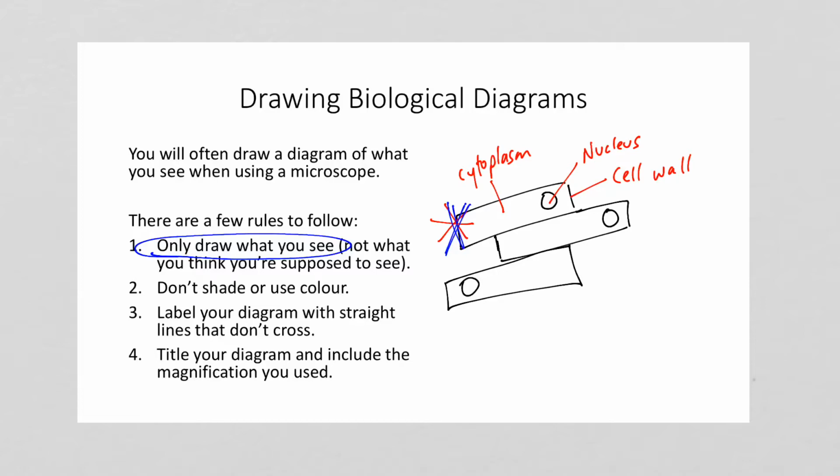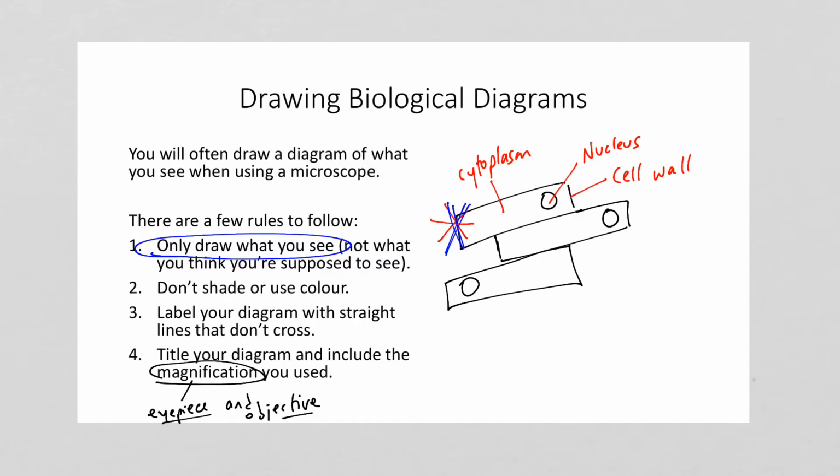Last but not least, you want to title your diagram and include the magnification you used. Remember, for the magnification, you're going to need the eyepiece and the objective. So multiply those two together.